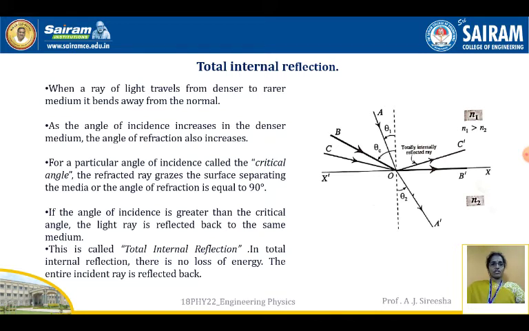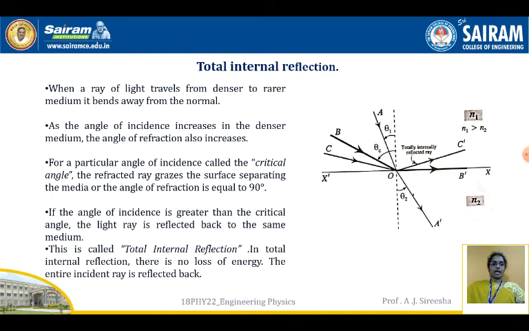How we can judge which is denser and which is rarer: the refractive index of air is 1 and for glass it is 1.5, depending upon the type of glass. Let us assume the refractive index of air is 1 and of glass is 1.5.